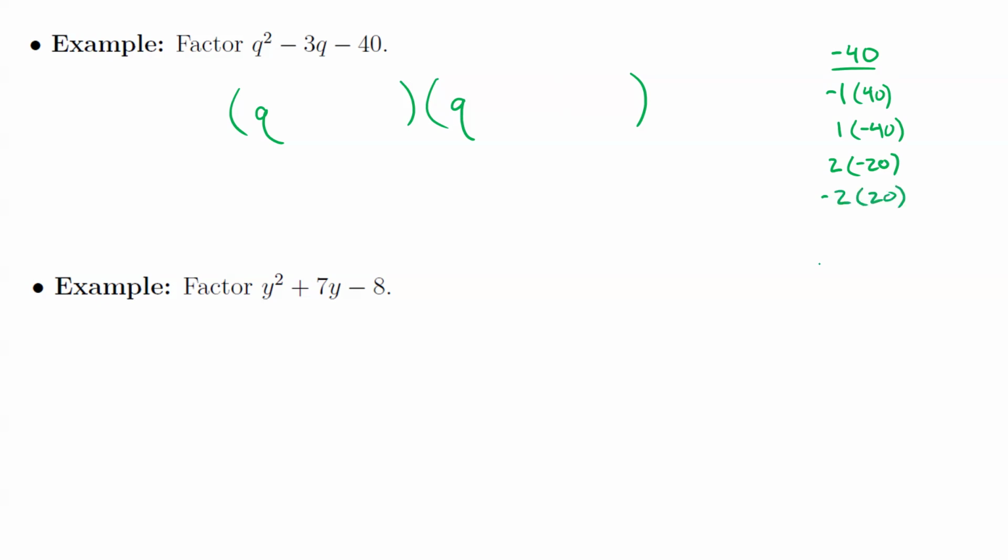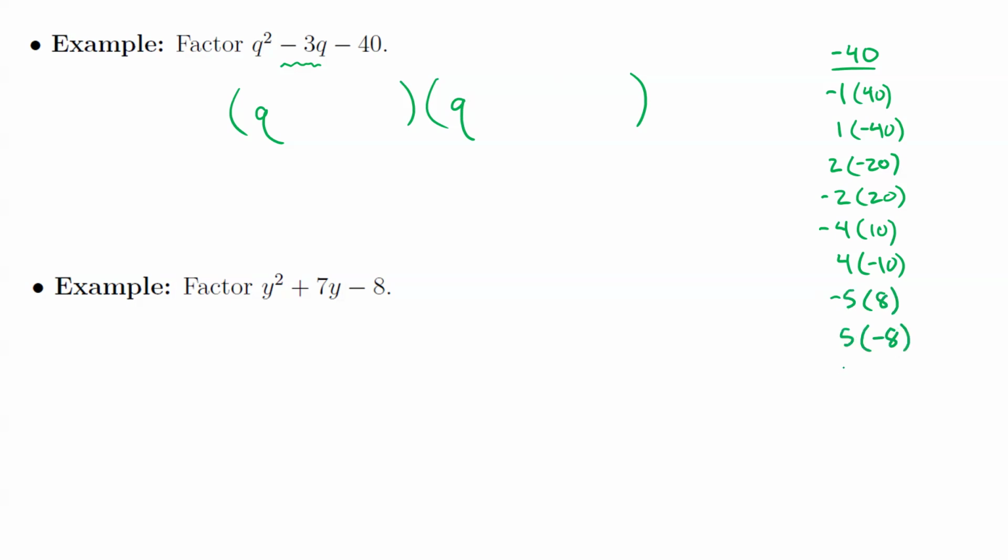Because the numbers are just so darn far apart, you're never going to make negative 3q with your outside plus inside, right? So let's see, negative 4 times 10, 4 times negative 10. Those numbers are getting closer together, but they're not quite there. But negative 5 times 8 and 5 times negative 8.